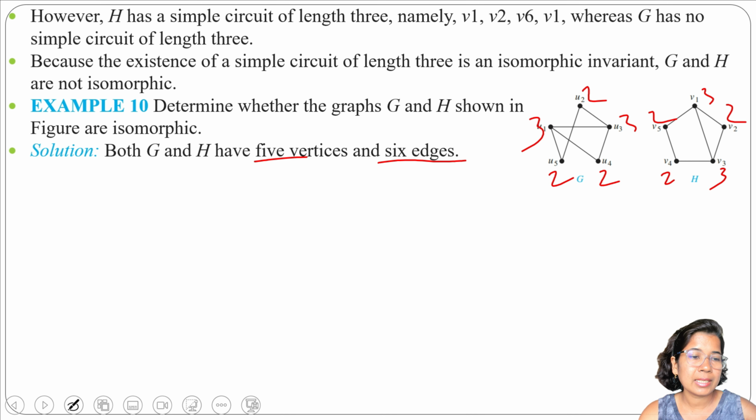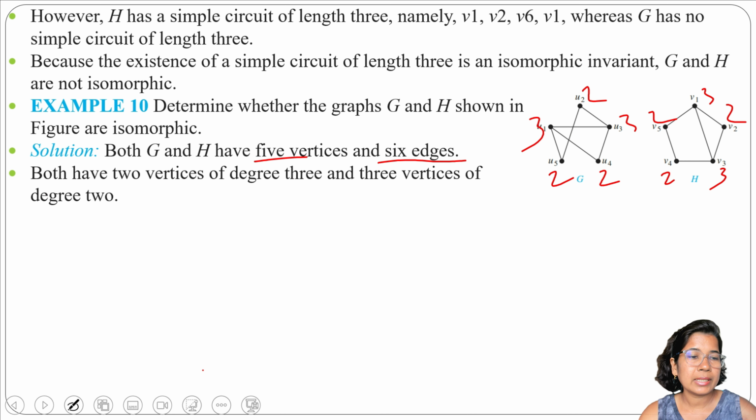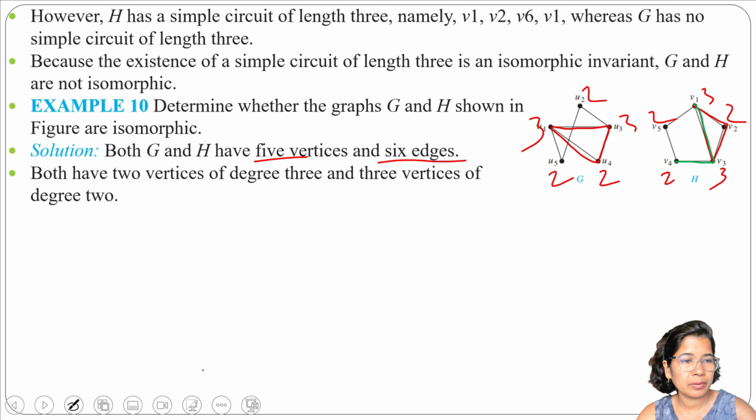So 3 vertices have degree 2 and 2 vertices have degree 3. Next, we will check the circuits. In H, there is a circuit of size 3, V1, V2, V3. Here also in G, there is a circuit of size 3, U1, U3, U4. And there is also a circuit of size 4, here V1, V3, V4, V5.